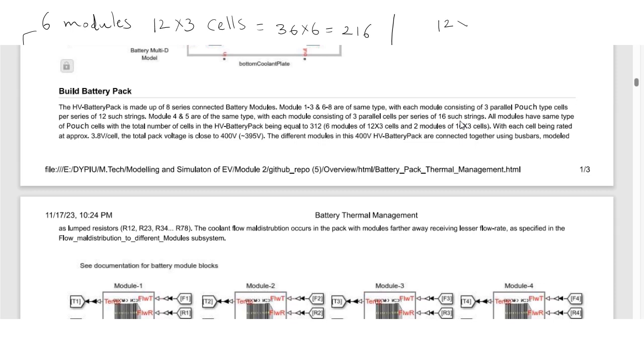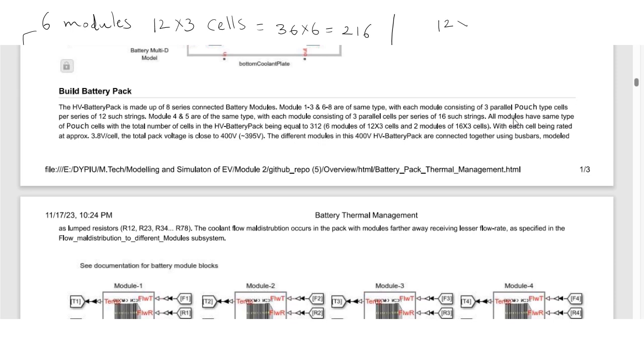So 16 strings will be connected in series initially, and we call that a single cell now, and those types of cells are connected in parallel again. So 3 cells are connected in parallel.